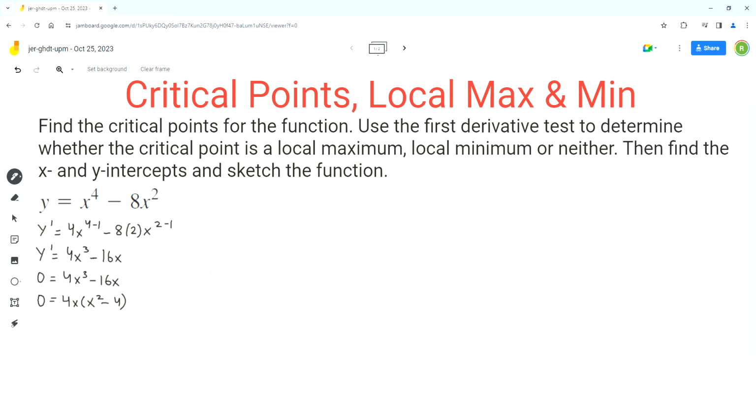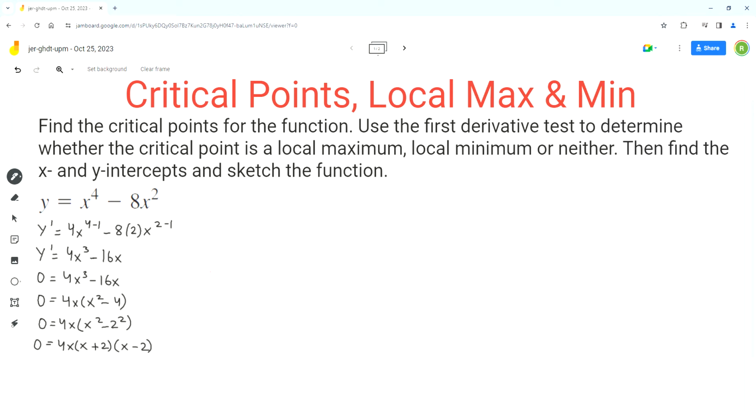Now we can factor this further by using the difference of squares method. So we can rewrite x squared minus 4 as x squared minus 2 squared, and break it up using the difference of squares factoring method: x plus 2 times x minus 2.